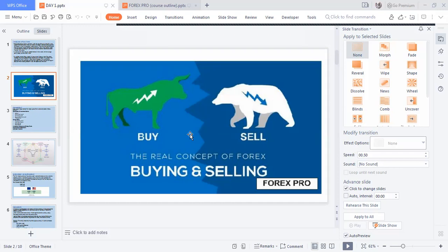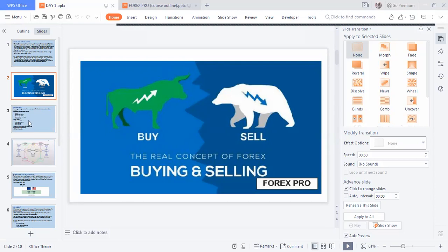People always ask me, what exactly are we buying? You are only buying currency pairs in the Forex market, and you also sell currency pairs. That animal, which is a bull, is a sign that you buy in the Forex market, and that other animal, which is a bear, is an indication that you sell in the Forex market.